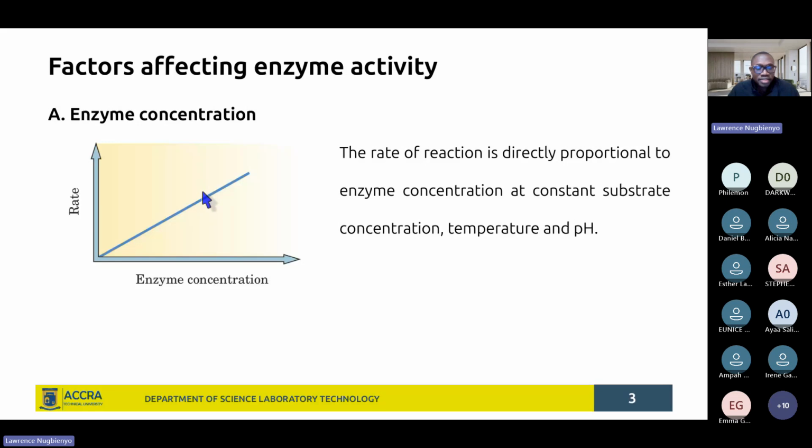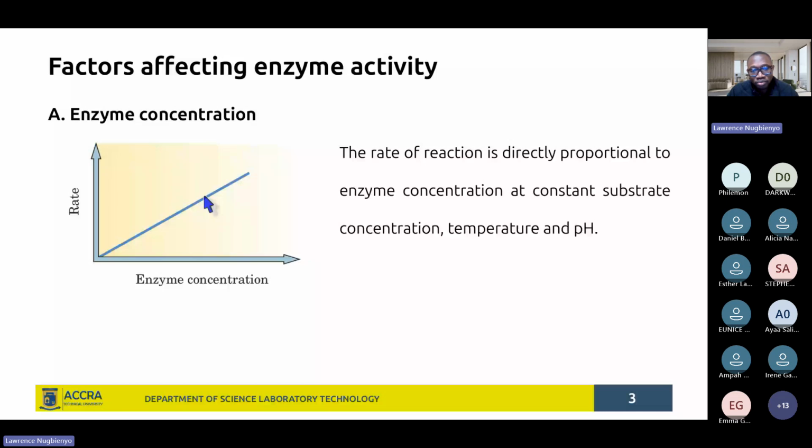Because this is understandable. If you have all things being equal, like you have concentration of substrates being constant, you have temperature being constant, you have pH also being constant, and you are only varying enzyme concentration. As you increase the amount of enzyme, you are increasing the number of molecules of enzymes that will be present in the reaction mixture.